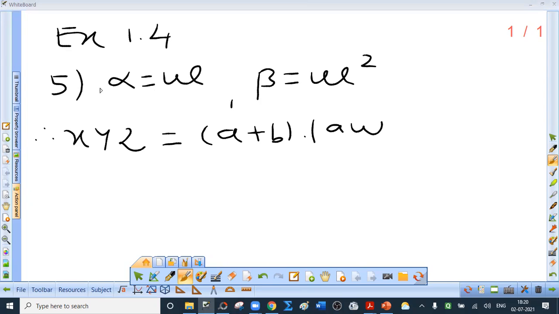Okay, I'll repeat this. I'll tell you the solution from the beginning. Write down. Alpha beta are complex cube roots of unity.